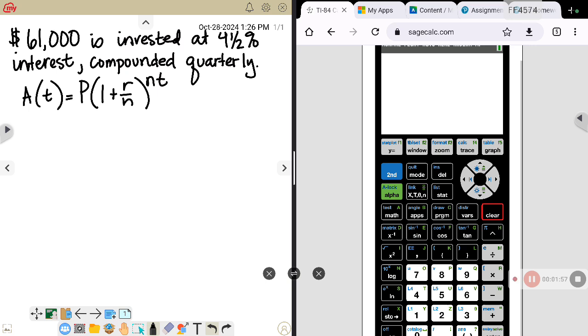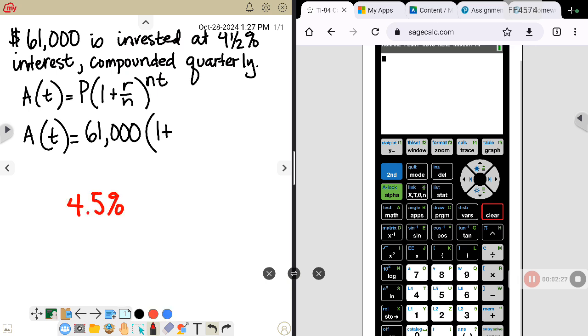So our formula that's going to give us the end amount is A of T equals the principal. That's how much money is invested. So that's going to be 61,000 times 1 plus, now we need the interest rate in decimal form, 4.5%.